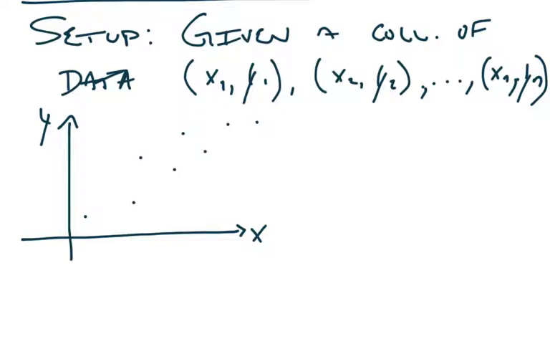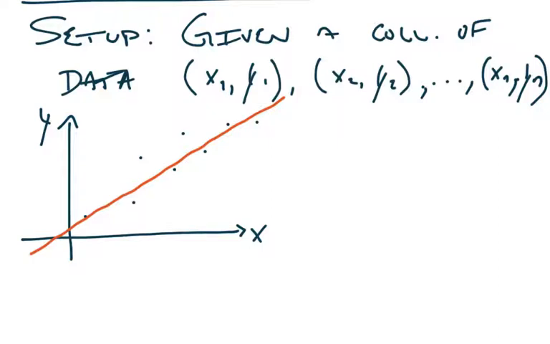If you stood far enough back and squinted hard enough, it might look like a generally linear relationship. And so the idea behind a line of best fit is that there's some rigorous way of figuring out some equation of a line that should, in some sense, be a best fit for this data.